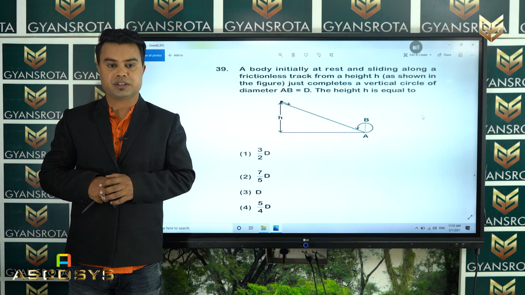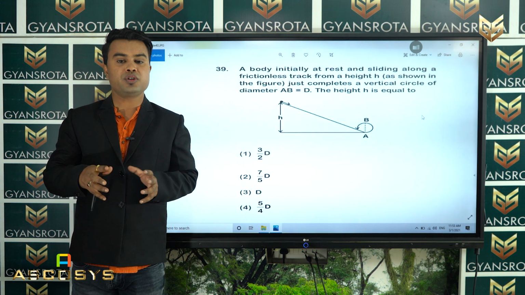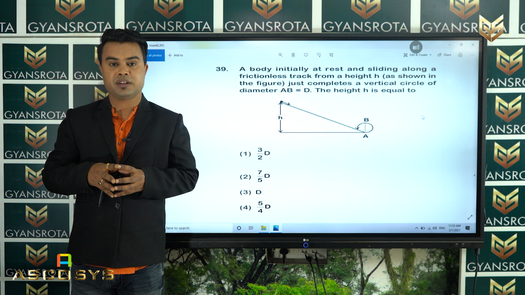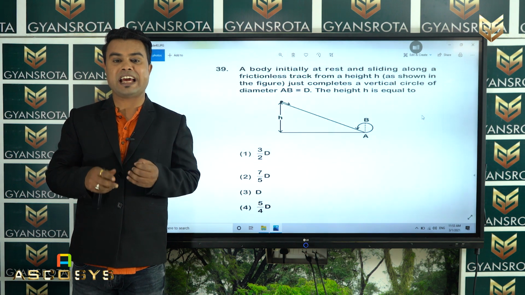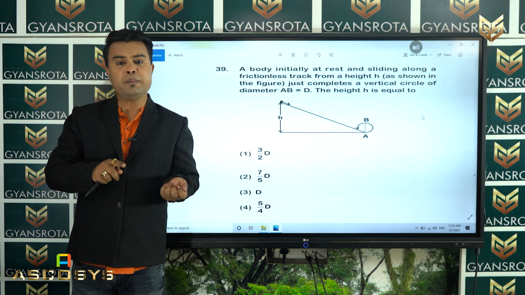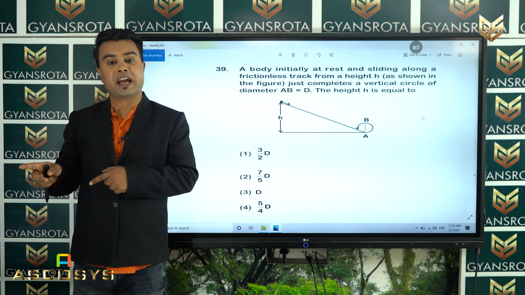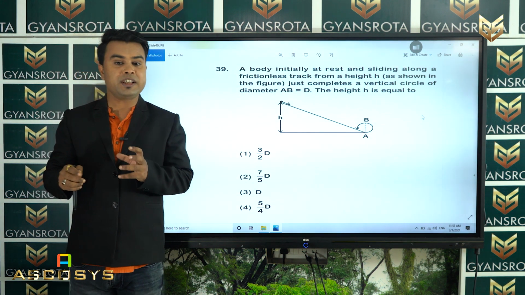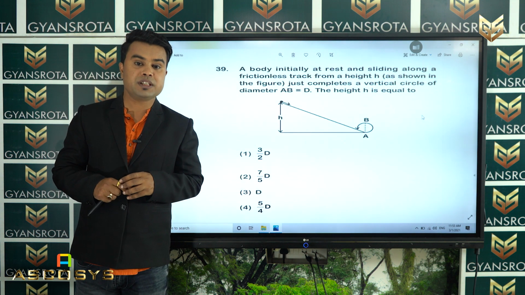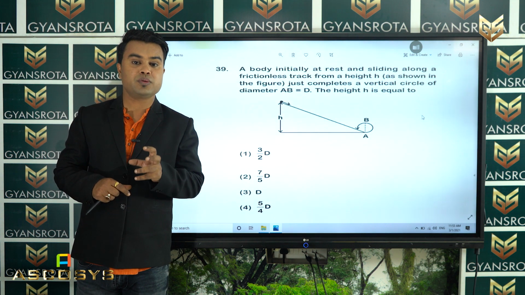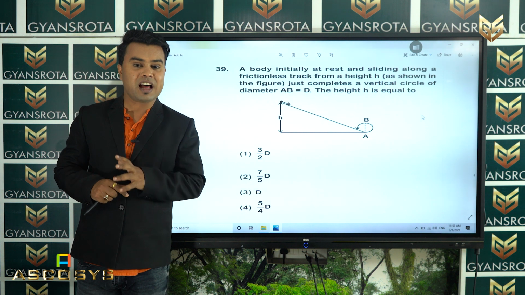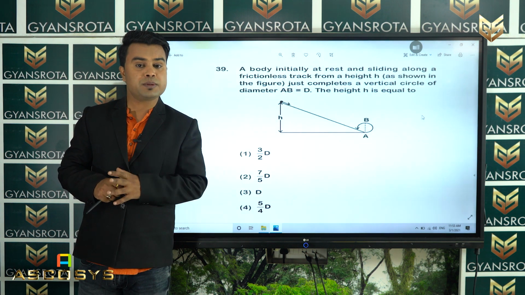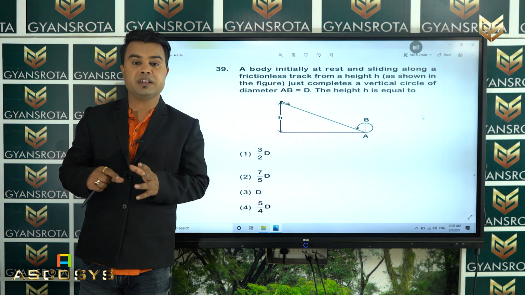So my dear students, here we have to use the law of conservation of energy, where total mechanical energy in the beginning will be equal to the total mechanical energy at the end. Initially the kinetic energy will be 0 and the total mechanical energy will be mgh, and at the last the potential energy will be 0 but kinetic energy will be there.